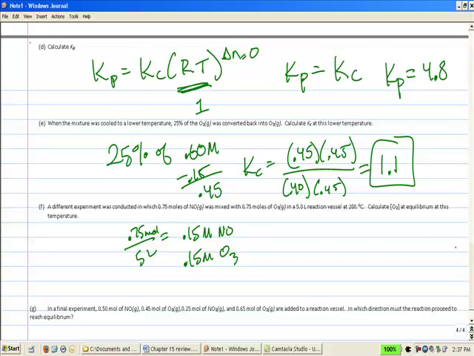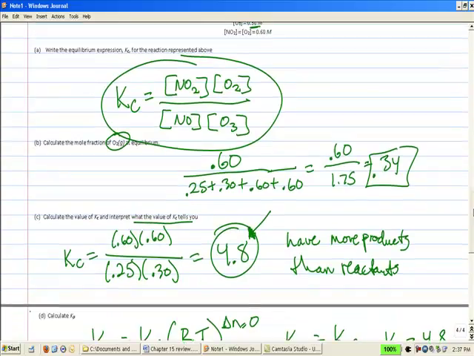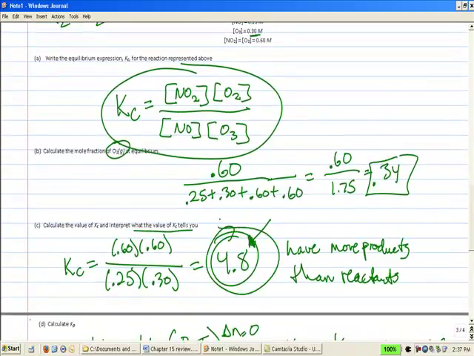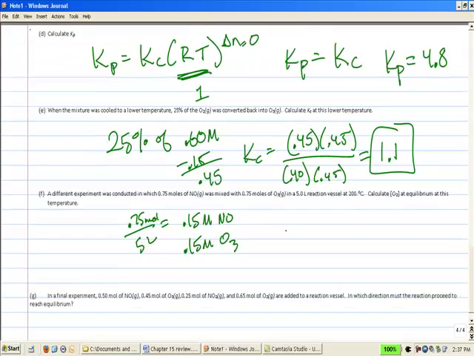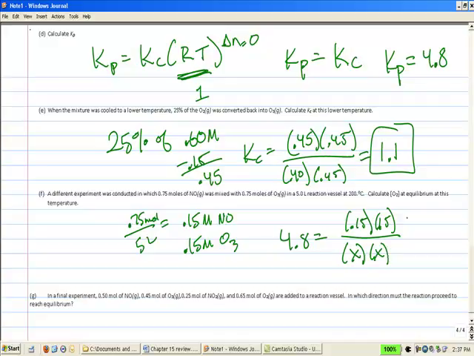The key, again, to understanding this question is knowing that the value of Kc is the same no matter what you start with. So we can say 4.8 equals 0.15 times 0.15 on top. And both of these are unknown, but they have to be the same amount. So we can say x here, and x here. So basically that's going to be x squared on the bottom.